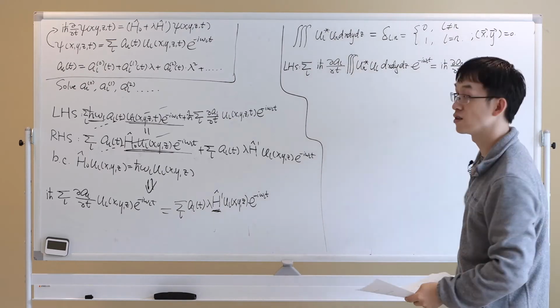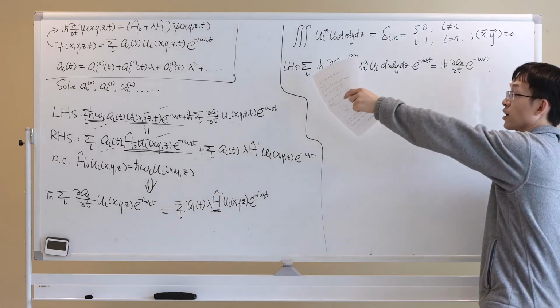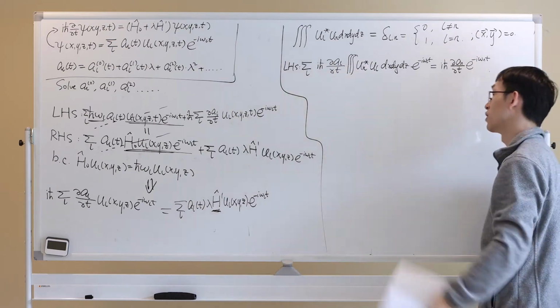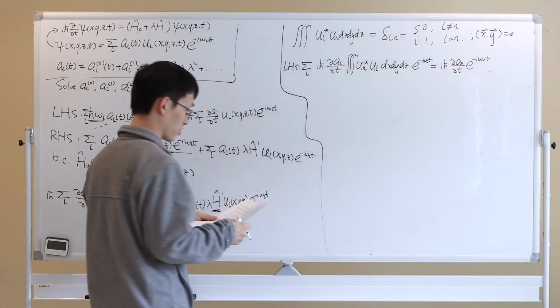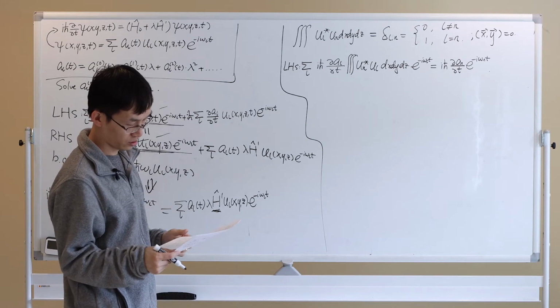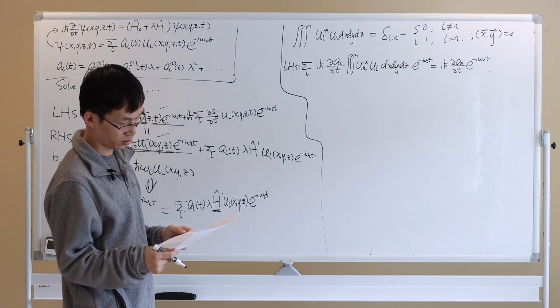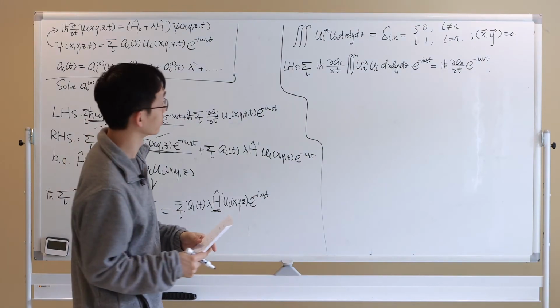Okay, this is your left-hand side. So this is a way to get rid of the sum, and this is really quite a standard mathematical trick in quantum mechanics.